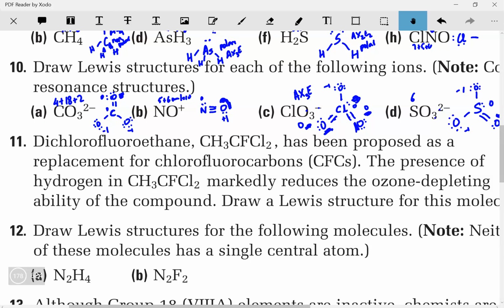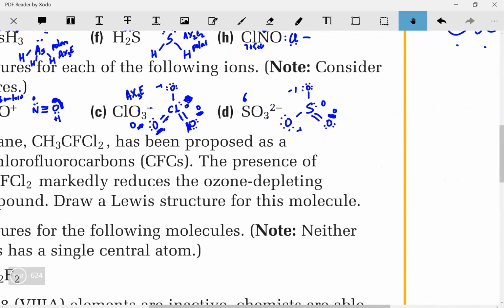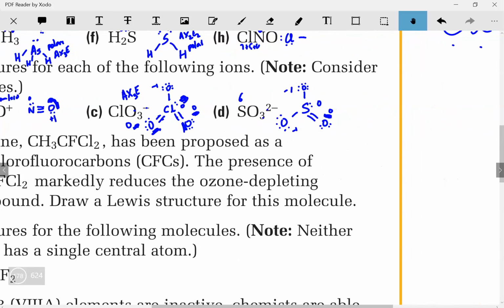Dichlorofluoroethane has been... draw a Lewis structure for this molecule. CH3CFCl2. So I'm guessing it looks like this.